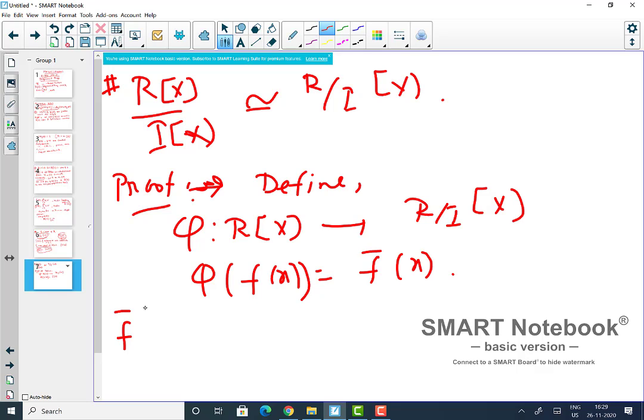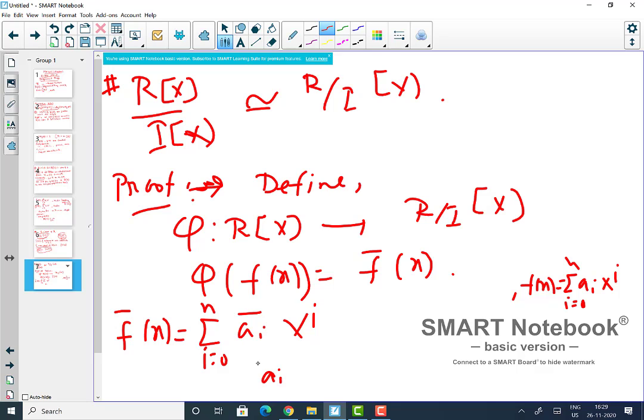If f(x) equals the summation of a_i x^i, i equal to 0 to n, then f bar of x is equal to the summation of a_i bar x^i, i equal to 0 to n, where bar means that they are elements of R mod I. So these a_i bars are elements of R mod I. This is a natural map, and you can easily check that this map is a ring homomorphism, and not only that, this is an onto map also.